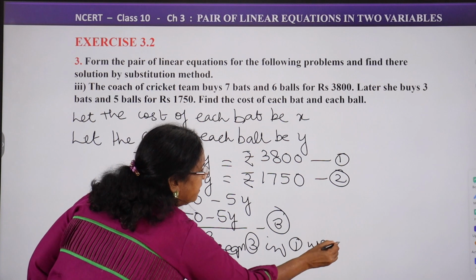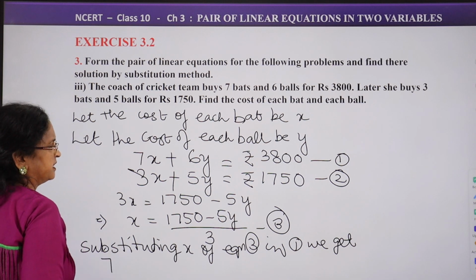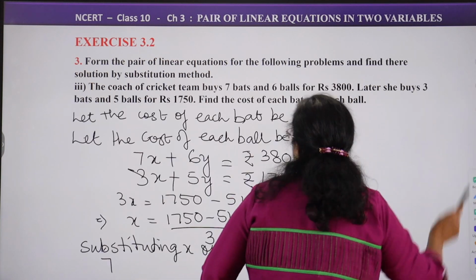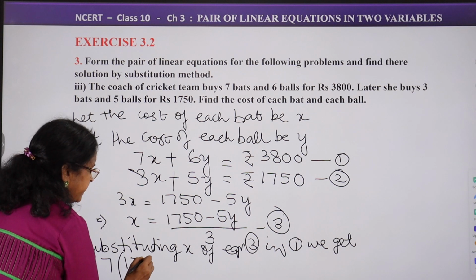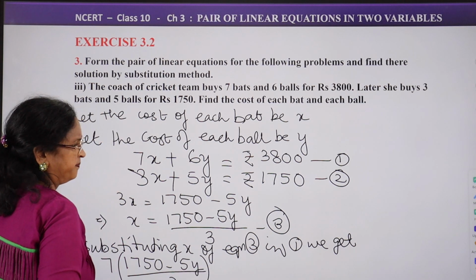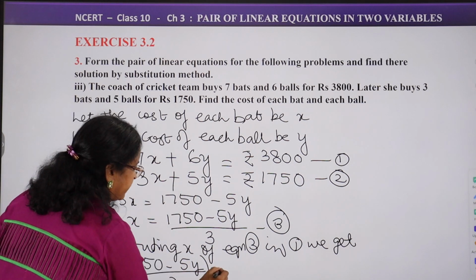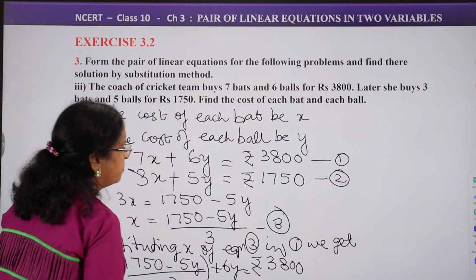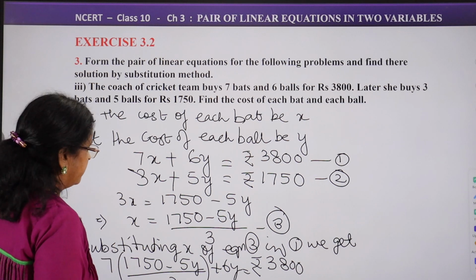Putting 3 in 1, what do we get? 7x means 7 bracket 1750 minus 5y whole by 3, plus 6y is equal to rupees 3800. Now, this equation we need to solve.